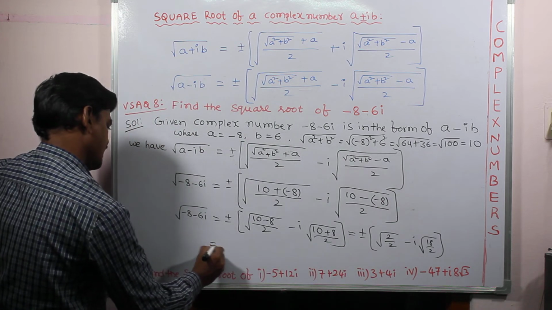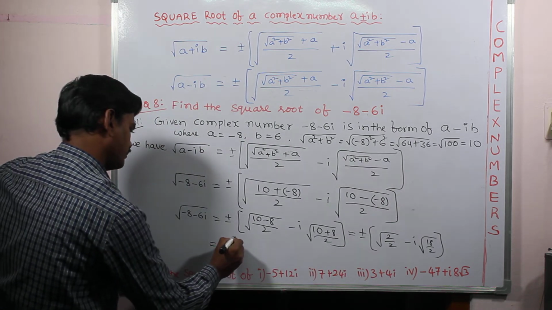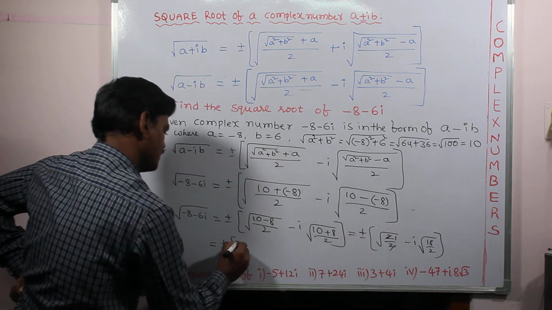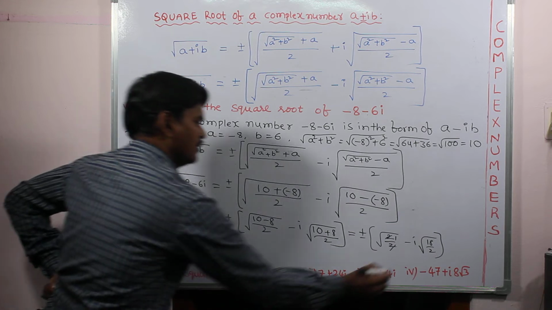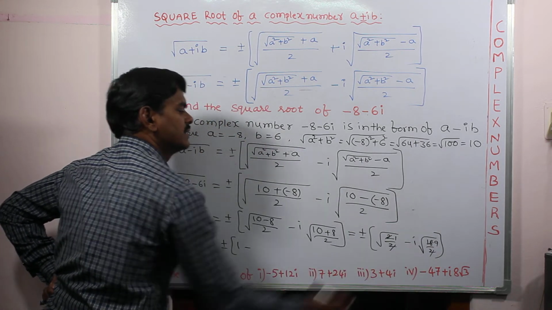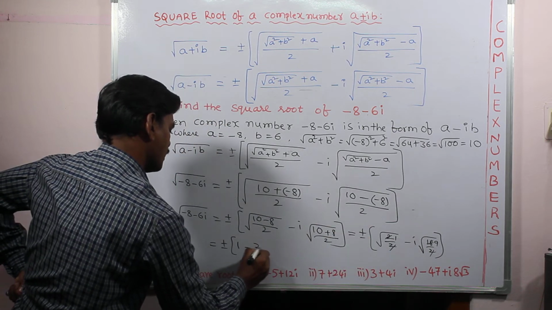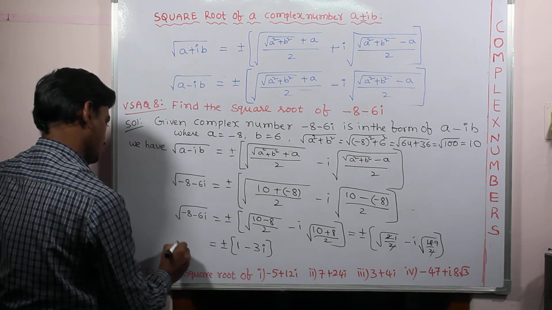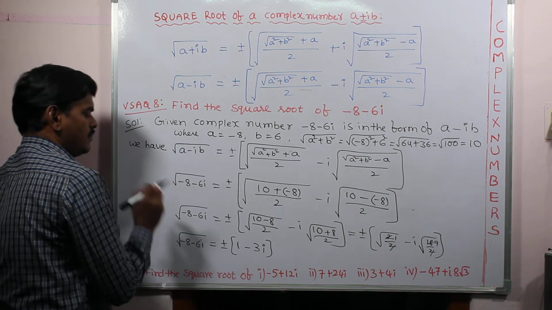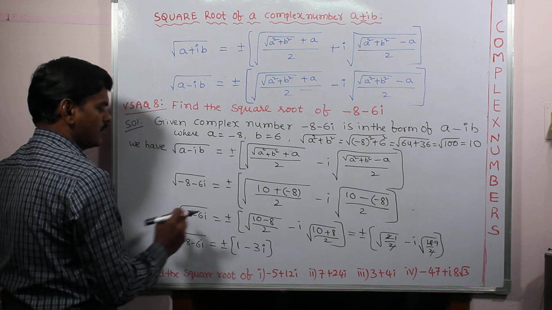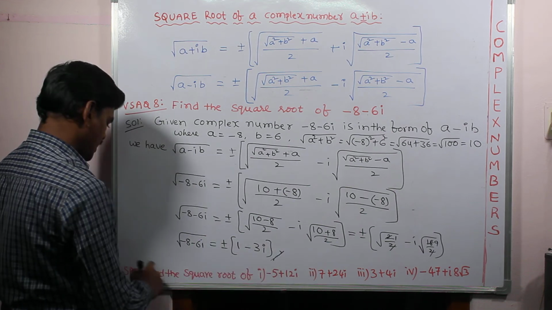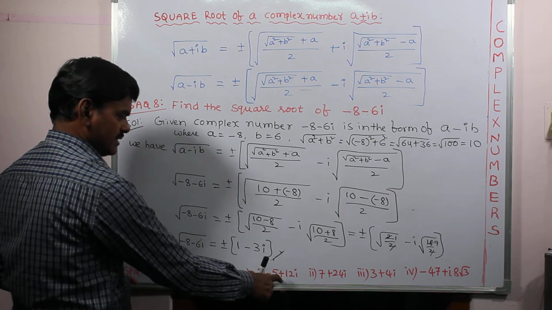So now we can write plus or minus, 2 gets cancelled, root 1 value is 1, minus, 2 nines are 18, root 9 value 3, into iota, 3 iota. So your answer would be root over minus 8 minus 6 iota equals plus or minus (1 minus 3 iota). Okay, similarly you can practice these problems.